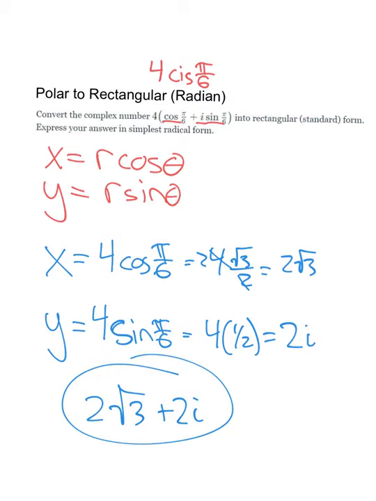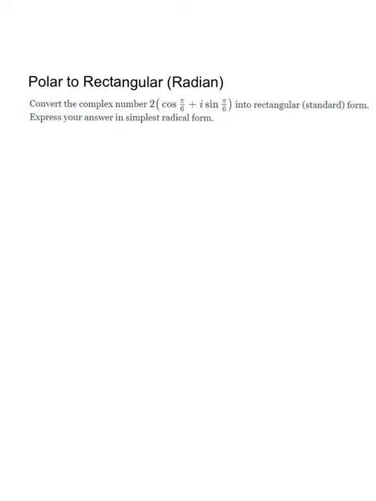All right, let's do another one. Here's one, okay, 2 cis pi over 6. Wow, really easy. x is going to be 2 times the cosine of pi over 6, which from the last example, we just said that cosine of pi over 6 is root 3 over 2.